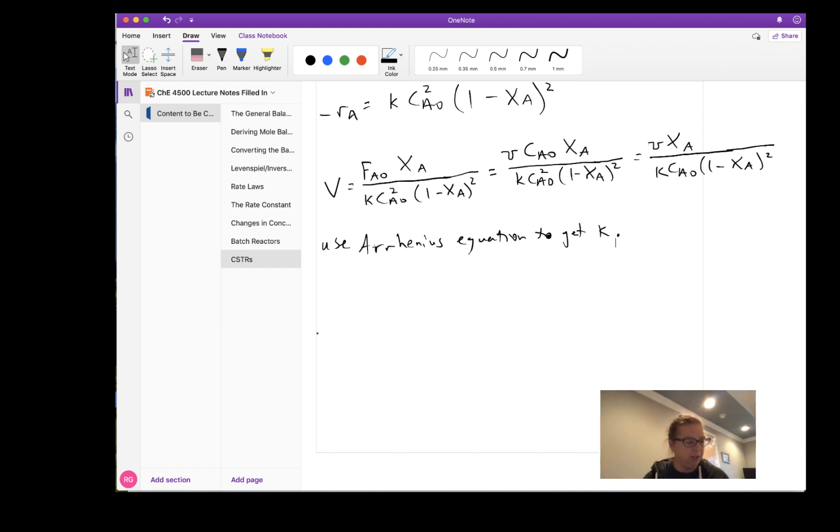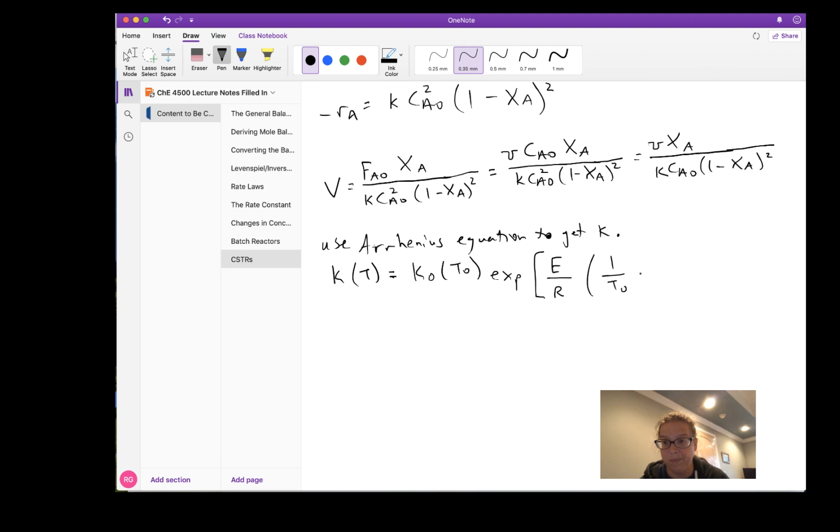If I have either one of those, I can solve for the rate constant at the temperature that I need. So the form of the Arrhenius equation that we'll use here says that the rate constant as a function of temperature is equal to the rate constant at some given temperature times the exponential of the activation energy divided by the gas constant times 1 divided by the given temperature minus 1 divided by the temperature that we're looking for.